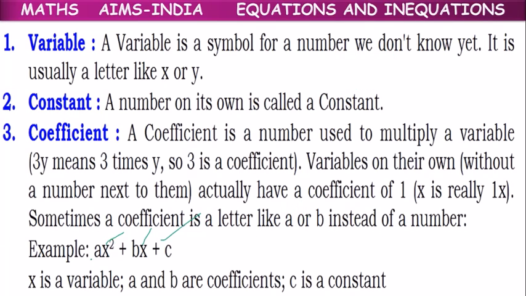Here a is in front of x square, a is a constant, b is a constant, c is a constant, whereas in x square, x is a variable and 2 is the exponent. So this equation has the variable x, a and b are the coefficients, c has no variable, so c is a constant term, and 2 is the exponent. Here x power 1 is there, so 1 also is the exponent.